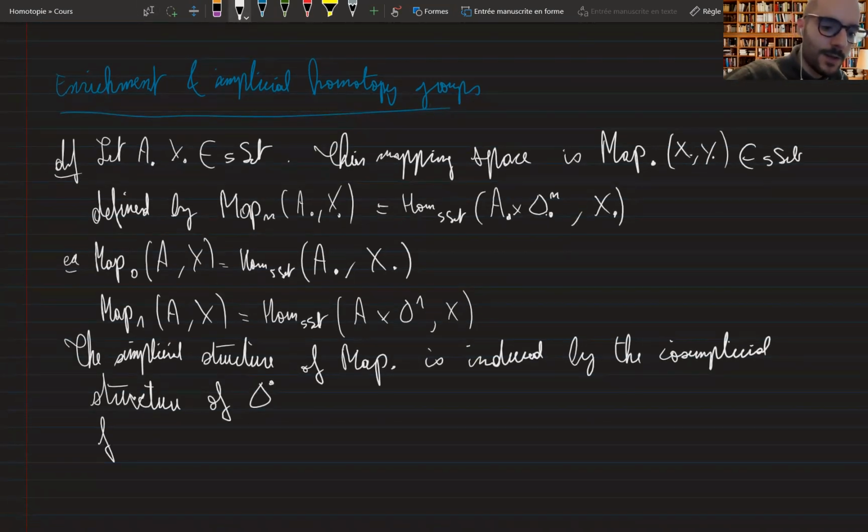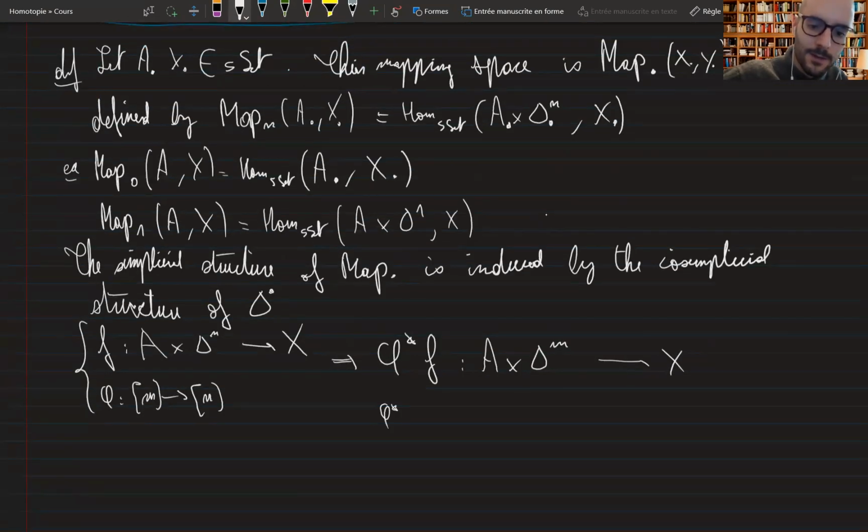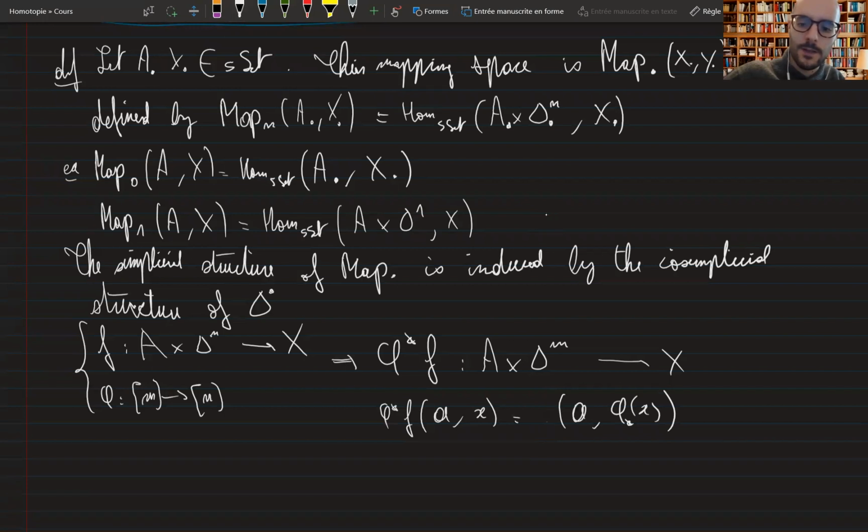So what I want to say is that if you have some f which goes from A cross delta n into X, and you have some phi which goes from bracket M to bracket N, you want to define phi upper star of F, which has to be a map from A cross delta M to X. So this map is simply given by phi upper star of F applied to A and some element X will be F of A, phi lower star of X, where now you use the co-simplicial structure of delta bullet.